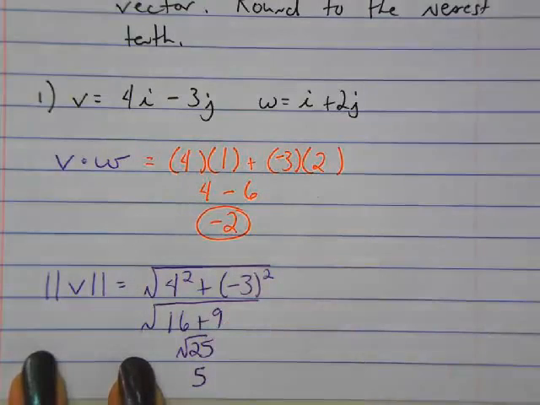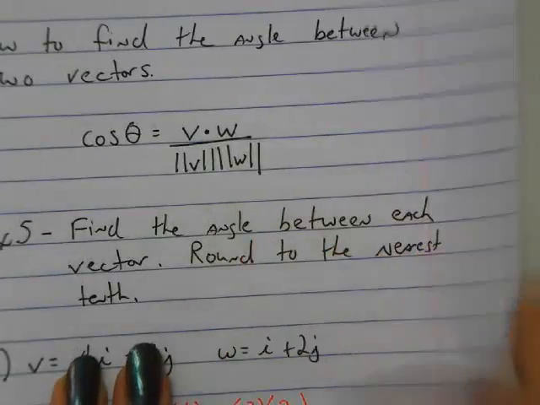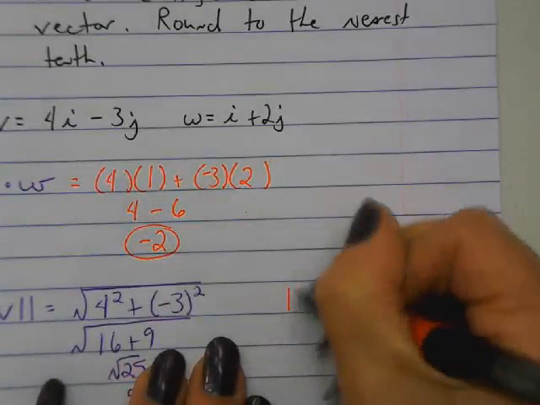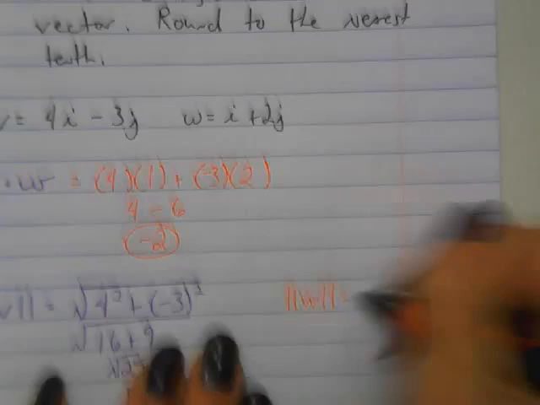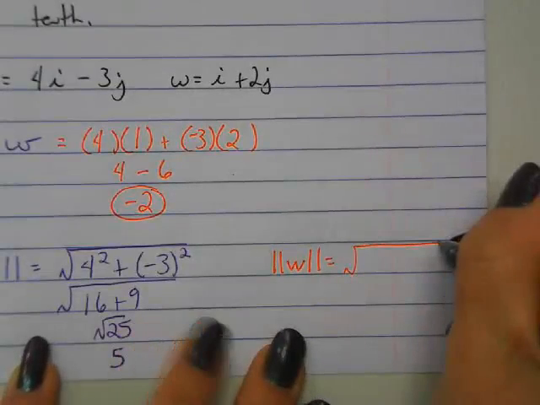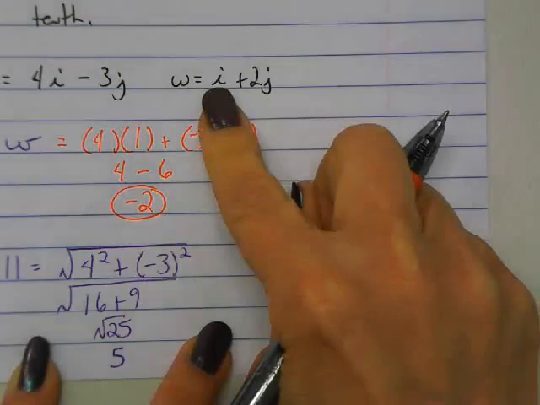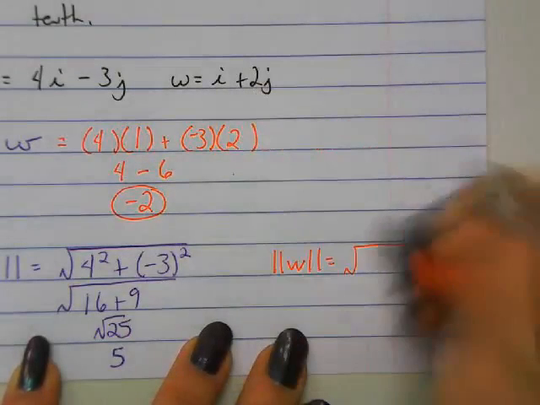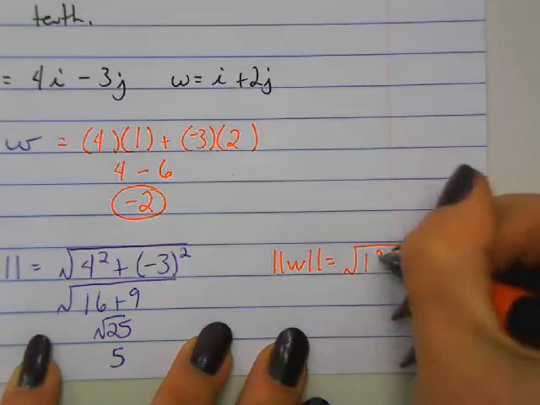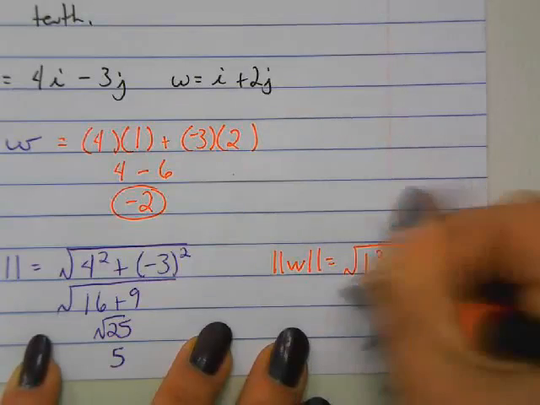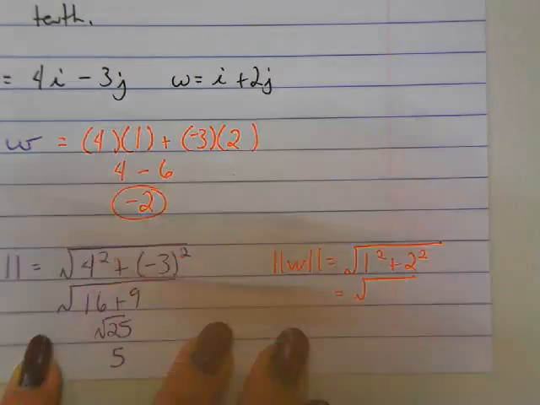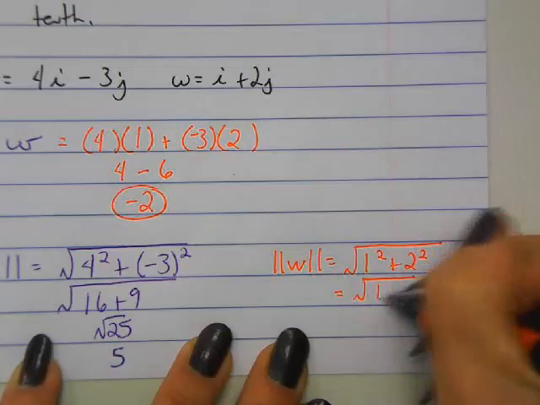Okay? I also need for the formula the magnitude of w. So again, I take his a squared and his b squared. So 1 squared plus 2 squared is the square root of 1 plus 4, or the square root of 5.